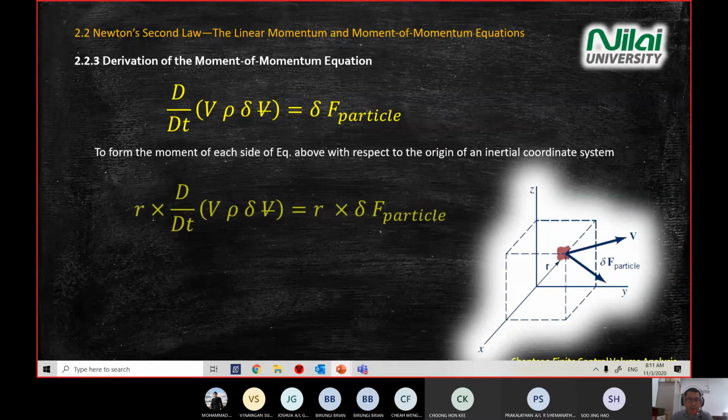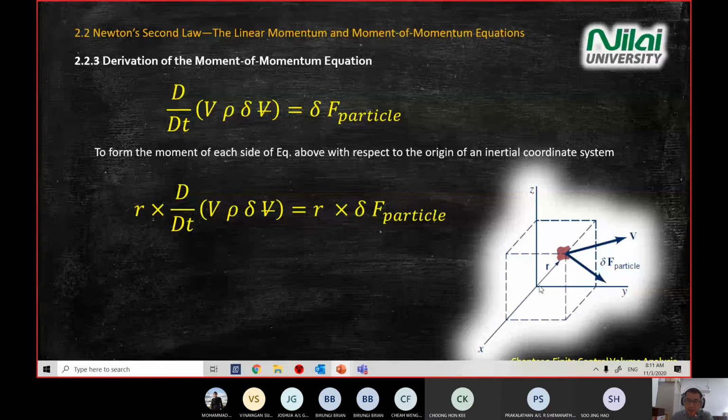So we start to break down our Newton's second law equation further. To form a moment, what is a moment? Moment is force times distance, or as you're more familiar with, F times D, and the distance must be perpendicular to the force. This is what forms the moment.